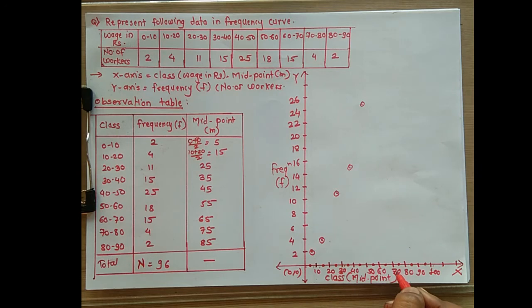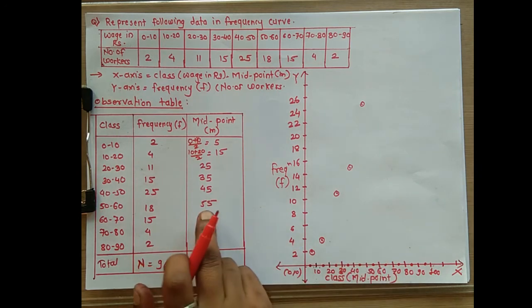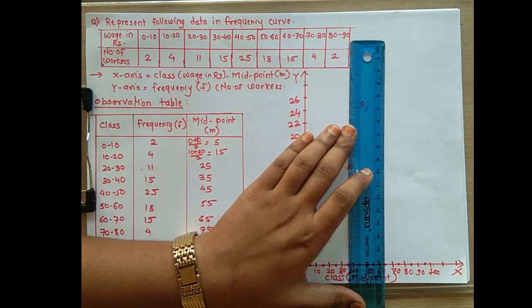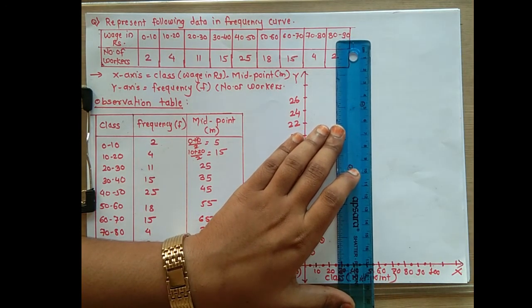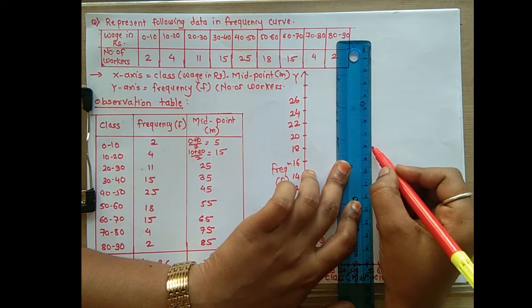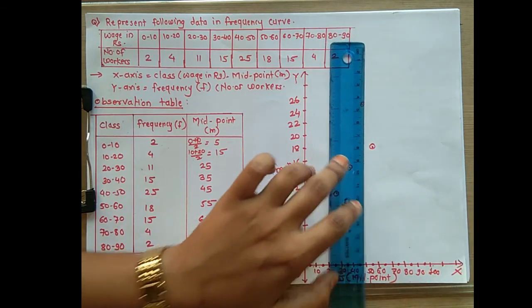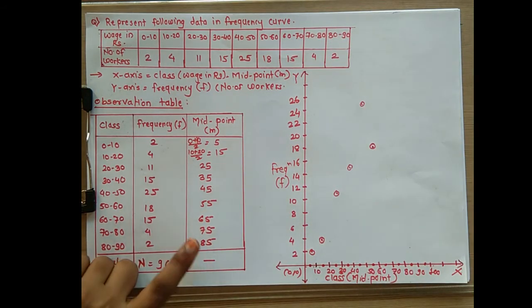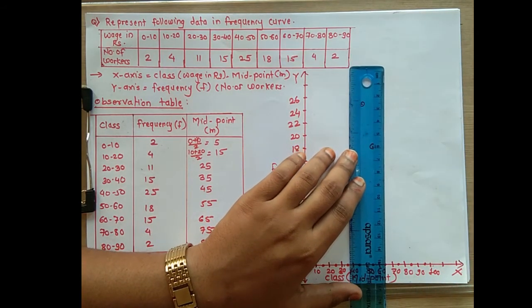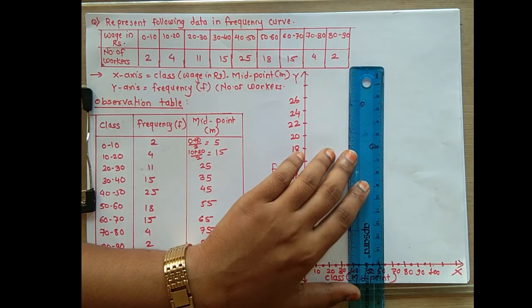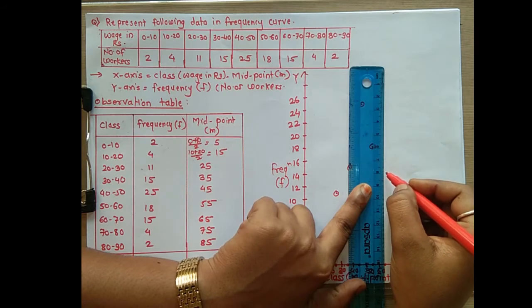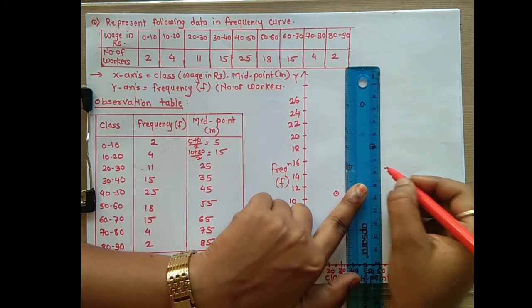Next is 55 with corresponding frequency 18. 18 is here. Next is 65 with corresponding frequency 15. 15 is in between 14 and 16.